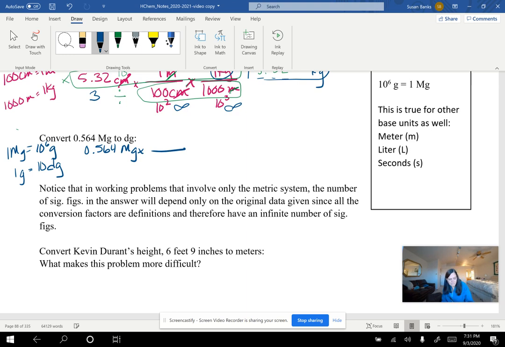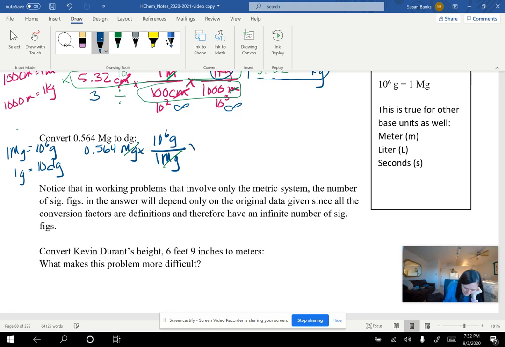Now I want megagram to cancel. And so I want megagram to be on the bottom so that it's on the opposite side. So I'm going to put 1 megagram, 1 megagram will give me 10 to the 6 grams. So that will cancel out my megagrams. I will be into grams now.